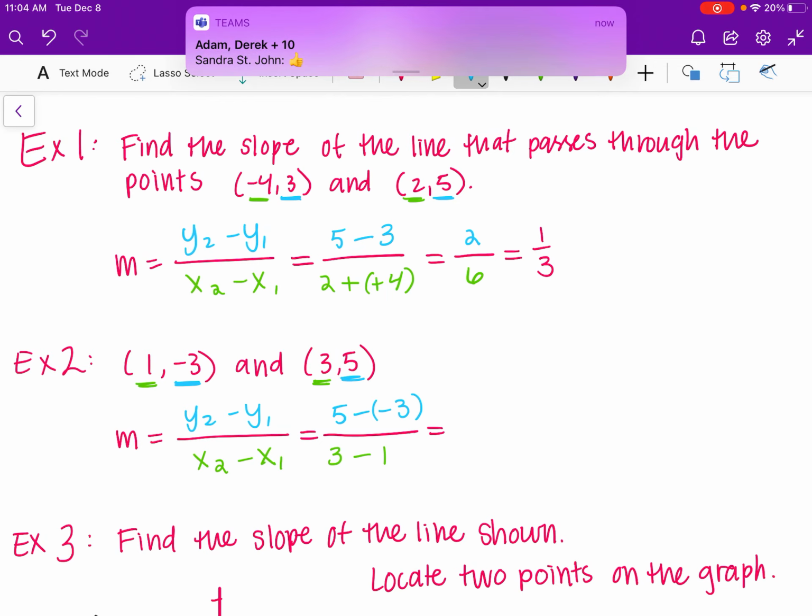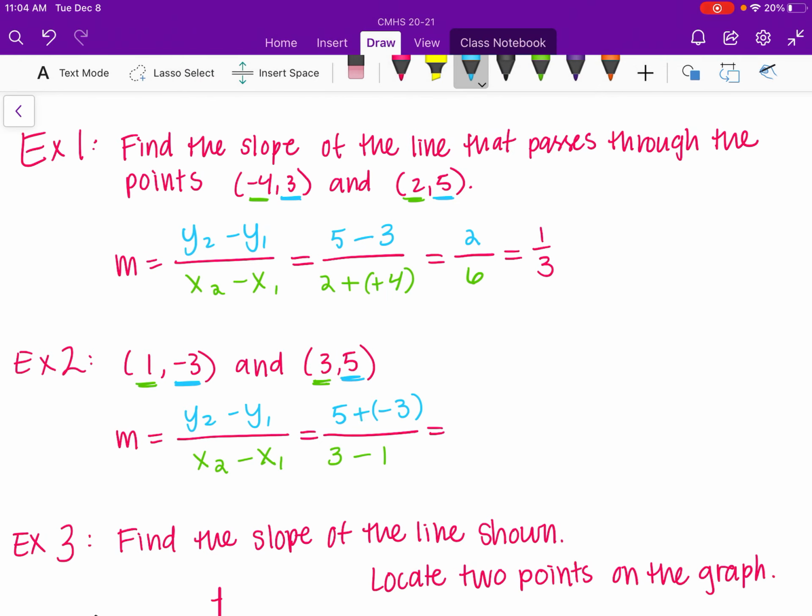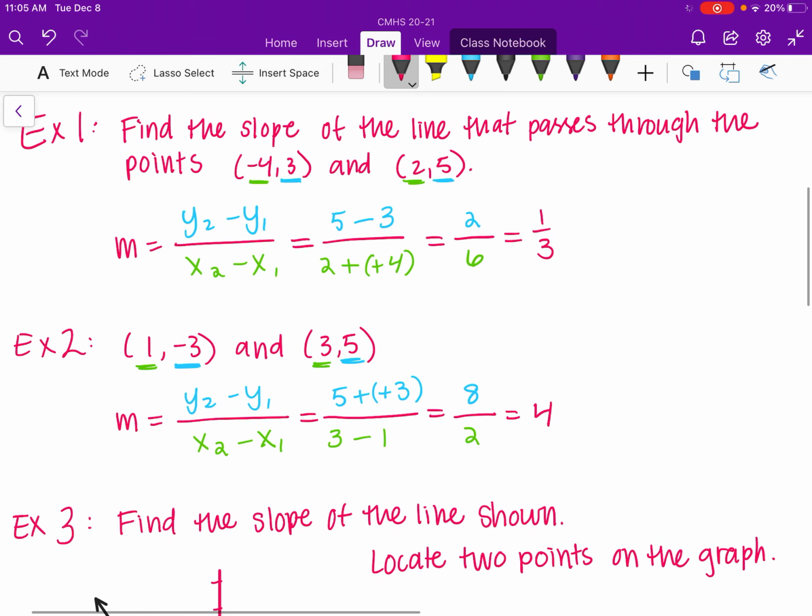So on top we have 5 minus negative 3, which is the same thing as 5 plus 3. So 5 plus 3 is 8. And on the bottom we have 3 minus 1, which is 2. And hopefully you know that 8 divided by 2 is 4. So that is the slope of the second problem.